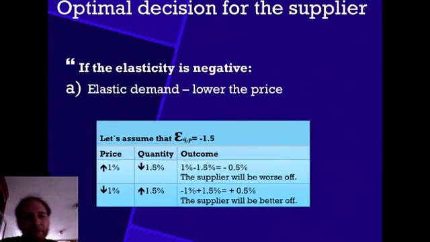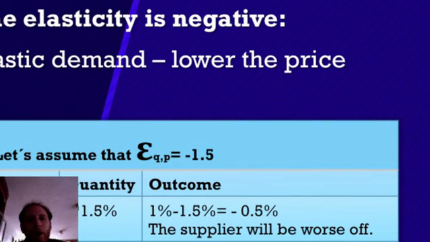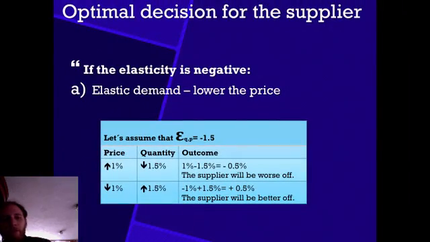Okay, let's assume that elasticity is minus 1.5. That is an elastic demand, right? Then, if we increase the price 1%, that means that quantity demanded will decrease 1.5%, because they go in the opposite direction since the sign is negative. I mean, I will win 1% because I'm increasing the price as a supplier, but I will lose 1.5% in units sold. So at the end, I will end up losing 0.5%.